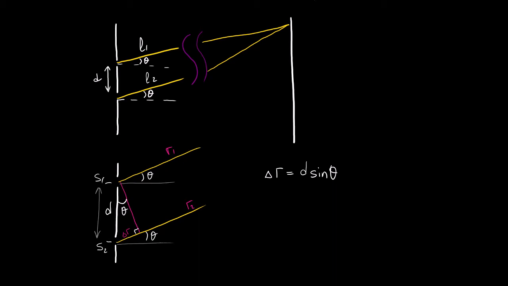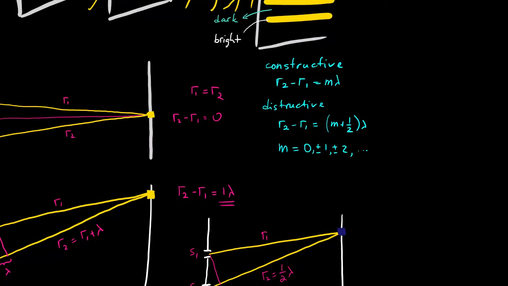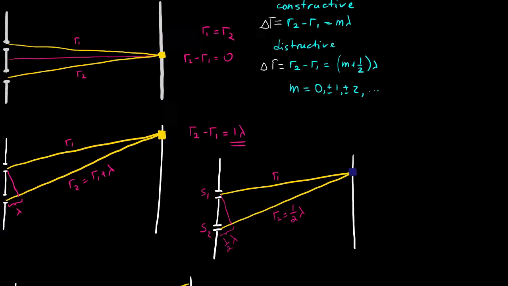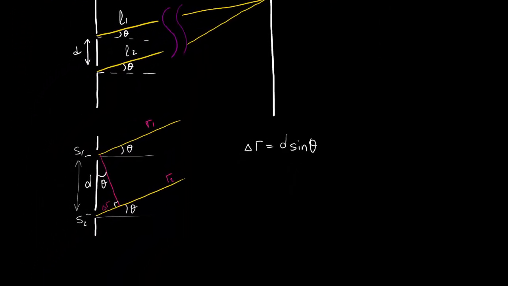So if we recall the conditions for interference, here we have delta R equals m lambda for constructive interference, and delta R equals (m plus 1/2) lambda for destructive interference. So I can write here delta R equals d sine theta.